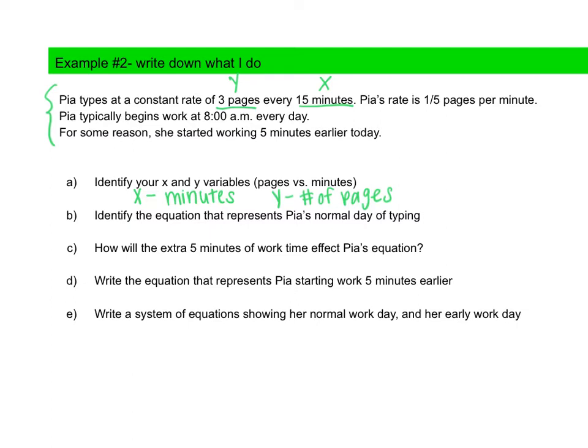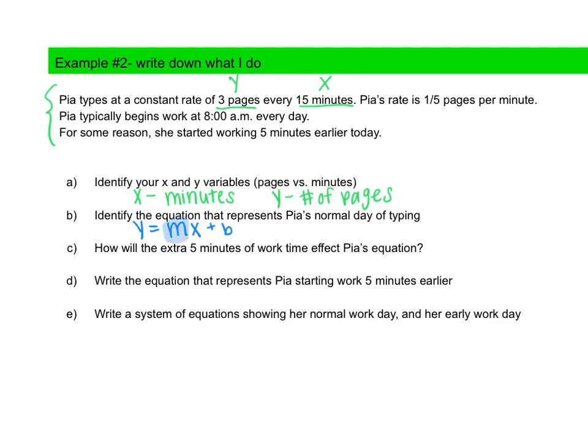Next, it says identify the equation that represents Pia's normal day of typing. So we're writing an equation in y equals mx form. Okay, remember, we could have a b, but it could be 0, and we just take that off. Now it says that we need to write this equation, so what we need to find is her rate.